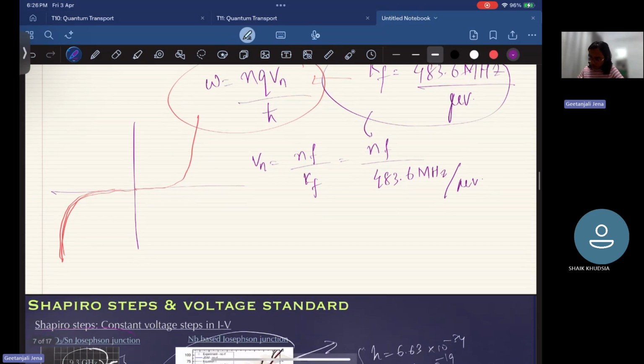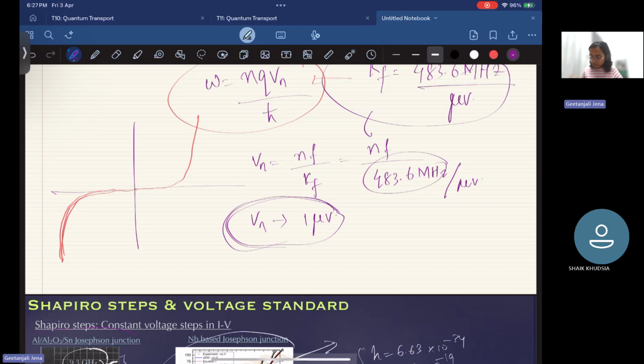So that means if you look at this value, the Vn would be 1 microvolt when you apply a frequency of around 500 megahertz, let's say. So this will be of the order of 1 microvolt. But even from the values, you can see that even if we apply higher frequency, the voltage value we are getting is much, much less.